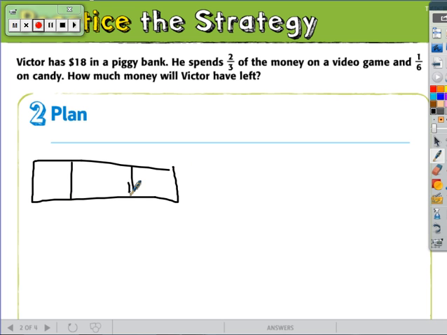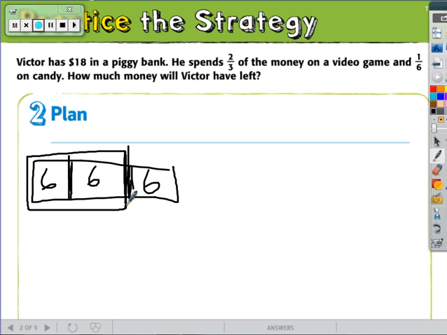What's our total that he has? $18. $18 represents our whole, right? So we have a fraction model that is going to separate our 18 into thirds. So what goes into each square? How many of those squares represent 2/3? How many of the squares represent two of them? So that total is what?